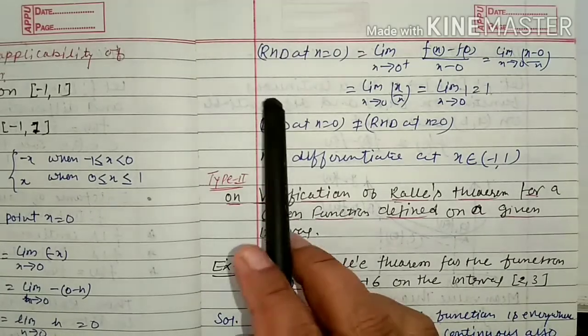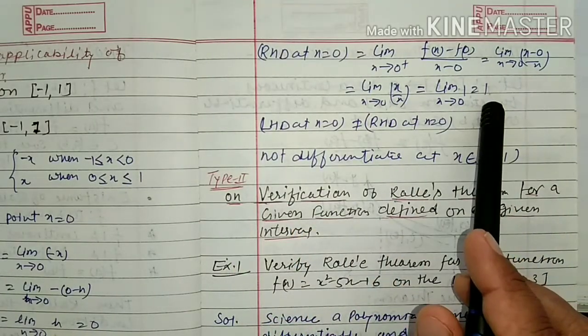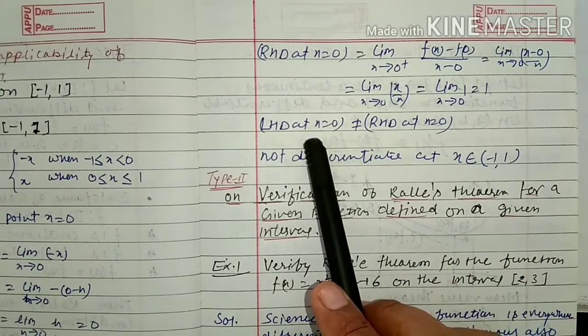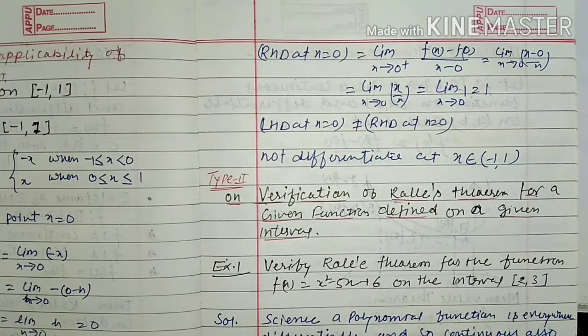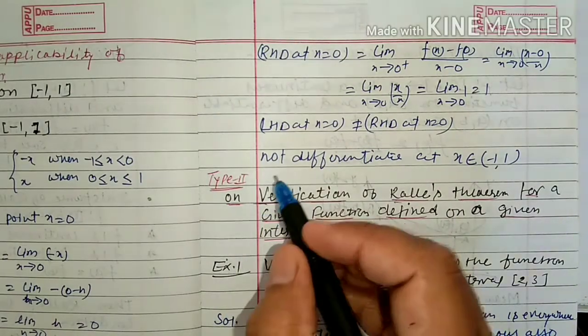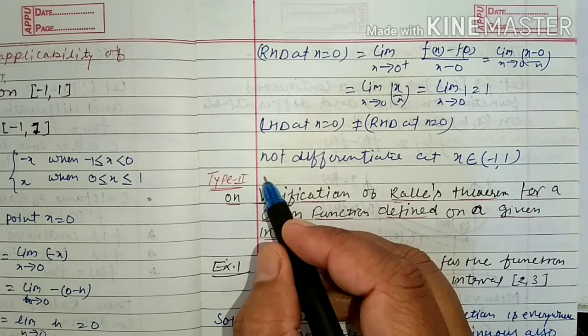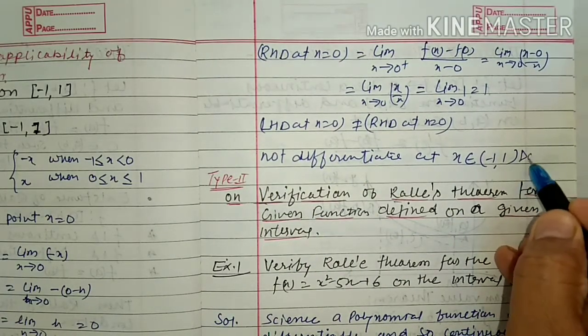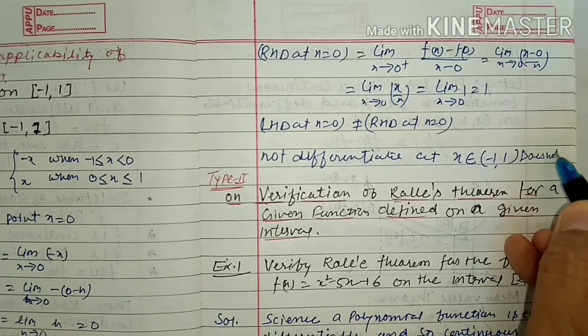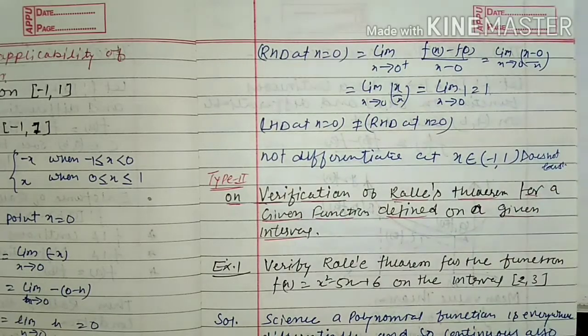And then we find the right hand derivative, and we get 1. So the left hand derivative is not equal to the right hand derivative, so it is not differentiable. If it is not differentiable, then we can say that Rolle's theorem does not hold. Clear? Okay.